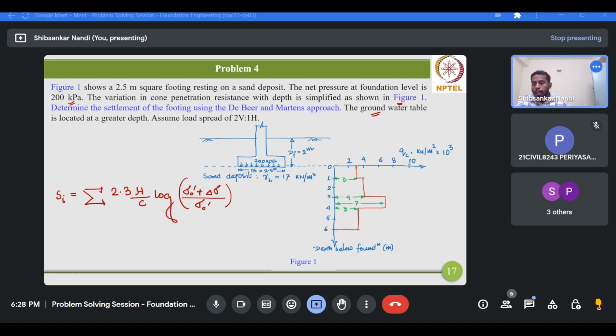Now, what is H? First of all, you need to justify why this summation symbol is placed prior to this expression.